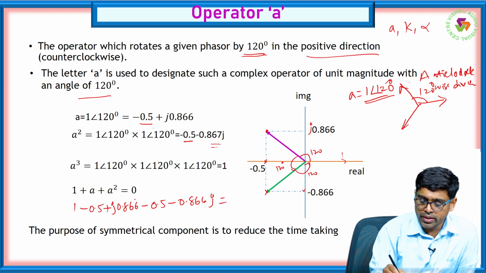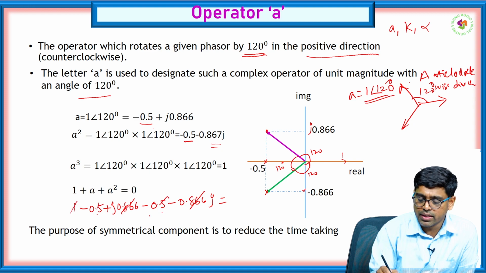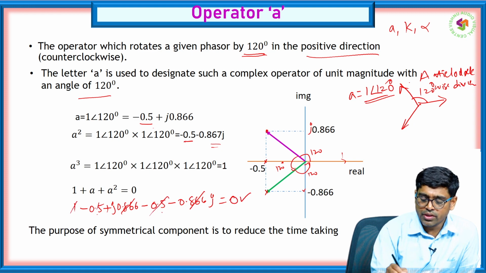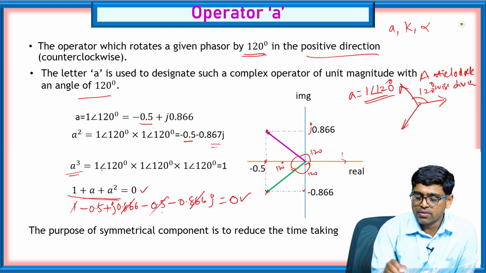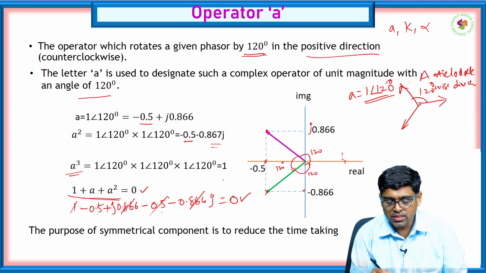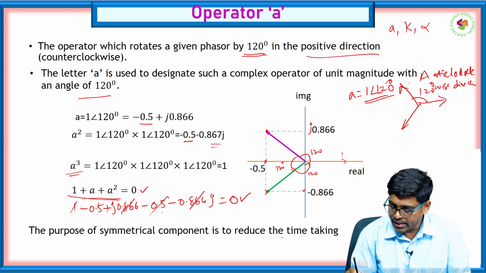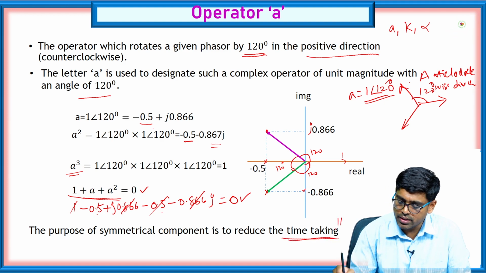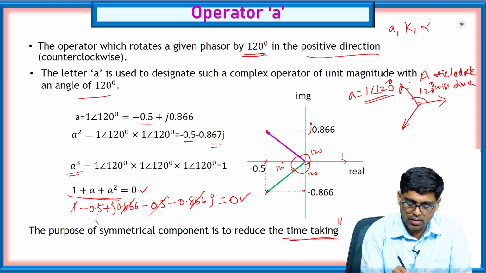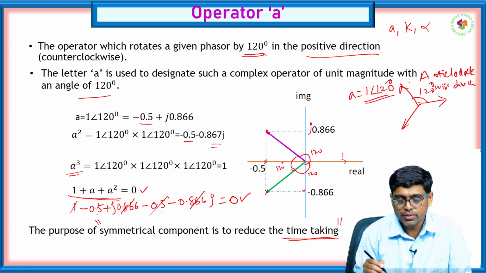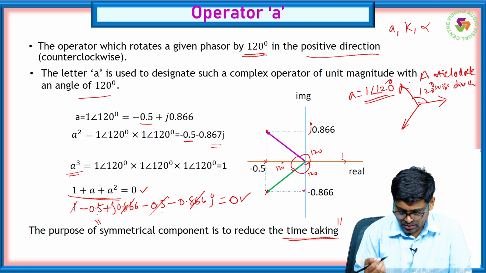Then you can see that the 0.866 terms cancel, and 1 minus 0.5 minus 0.5 also cancels, so you get 0. So 1 plus A plus A square equals 0 and A cube is 1. The purpose of symmetrical components is to reduce the time taken in analyzing these unbalanced quantities.